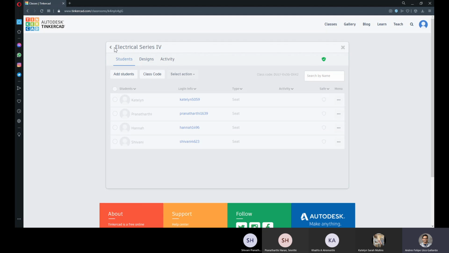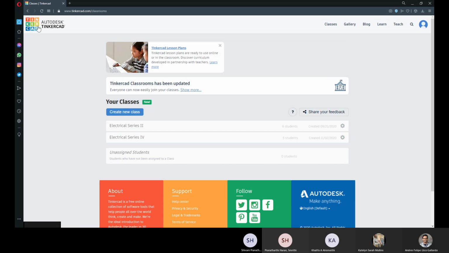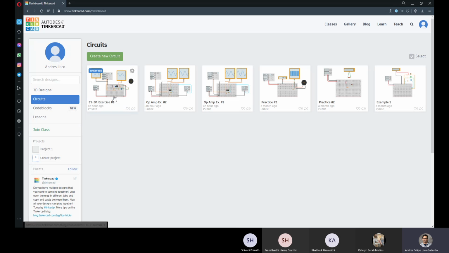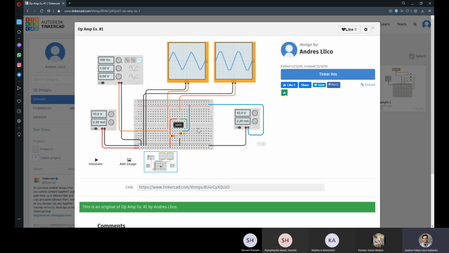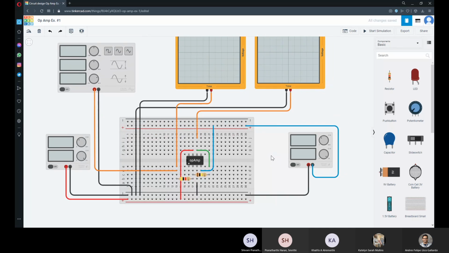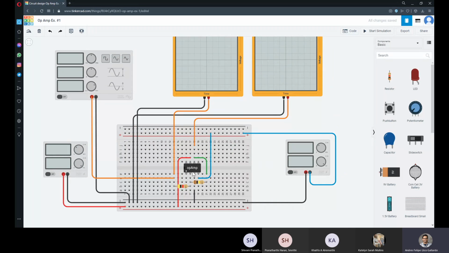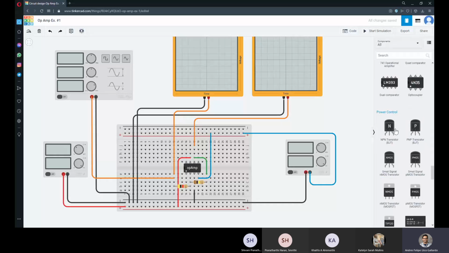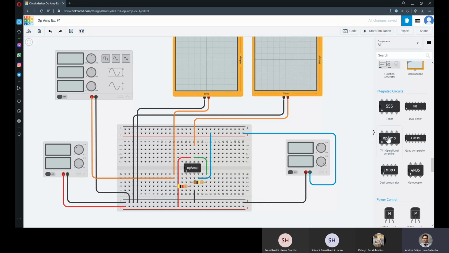All right, so what I'm going to ask you to do now: I have created a circuit, and what I want you to do is to recreate what I used. I'm just going to quickly walk you through it to show you what components I used. On your own, if you go to all the components on the right and scroll down, here we have the op amp.